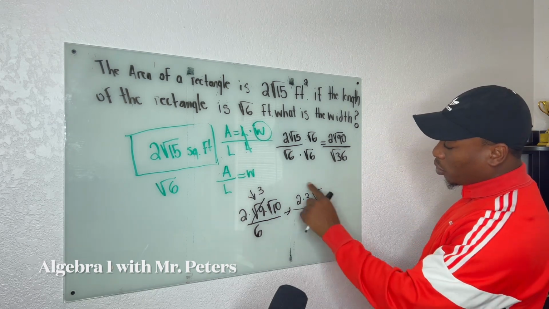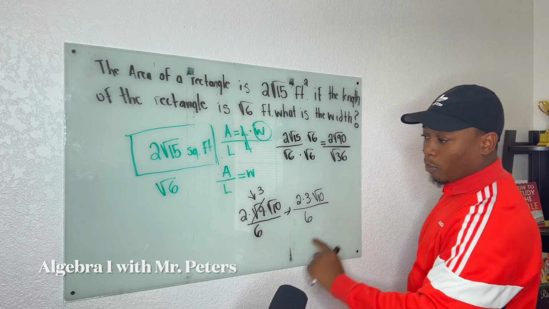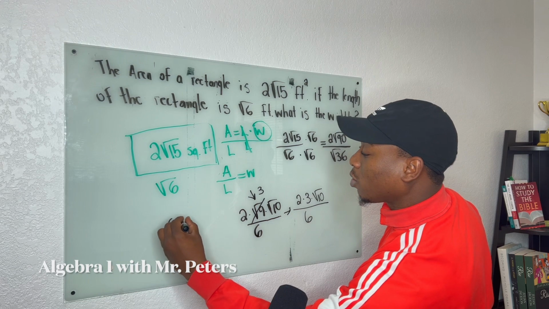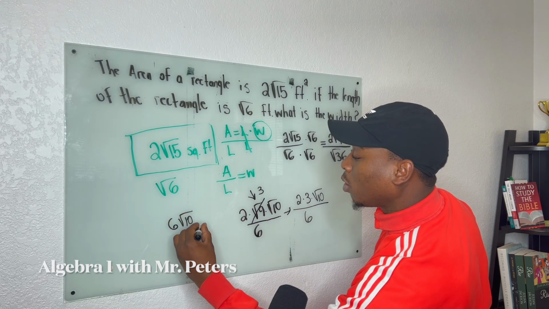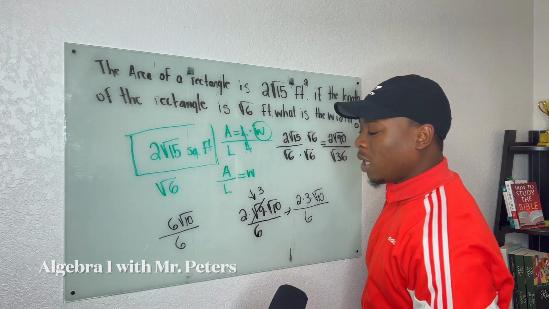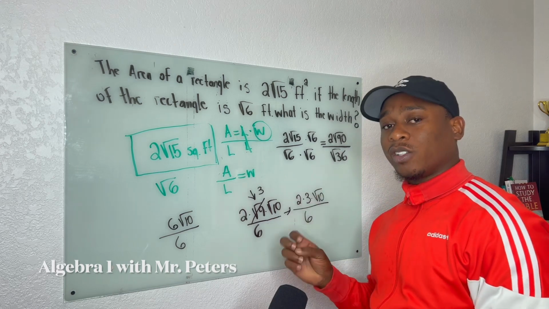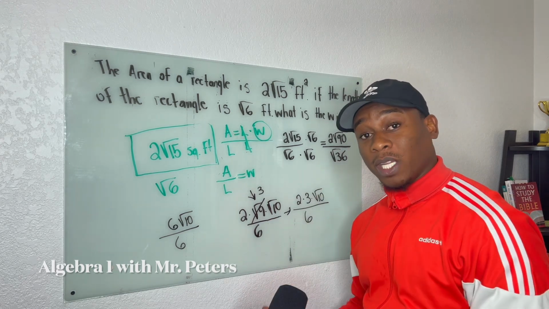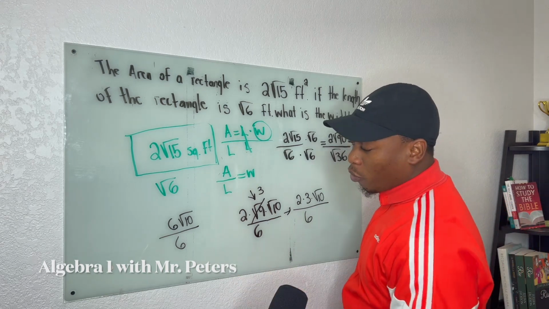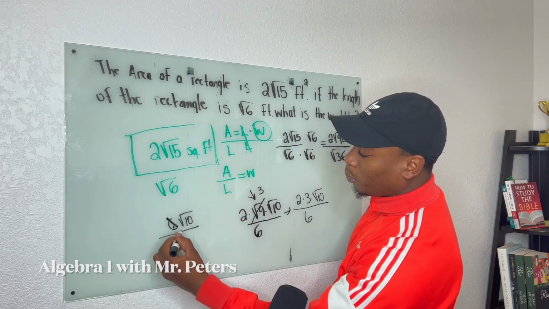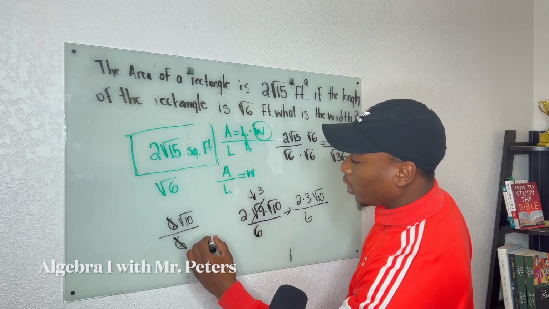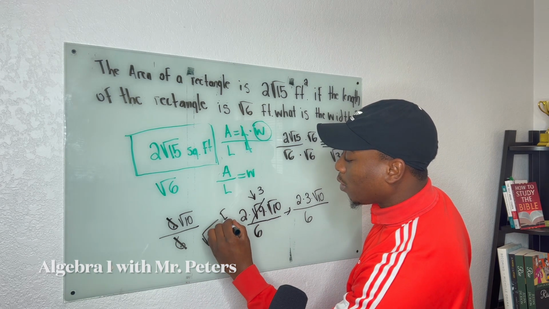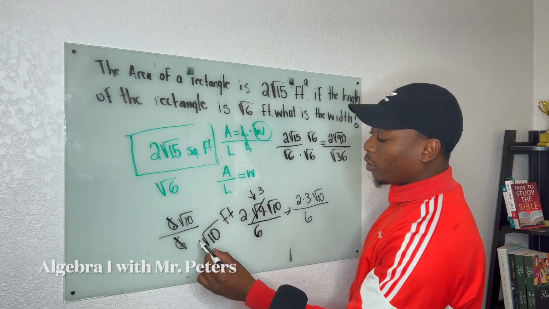And if we notice right here, I'll bring it right here so it's in front of you guys, we're going to have 6 radical 10 all over 6. And if you remember fractions, you guys know all this stuff, it's just about foundations. How well do you remember it? If we remember fractions, we can simplify, and our final answer should just be radical 10 feet for the width.